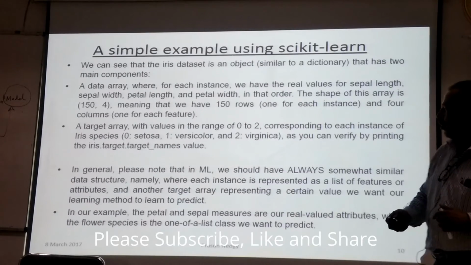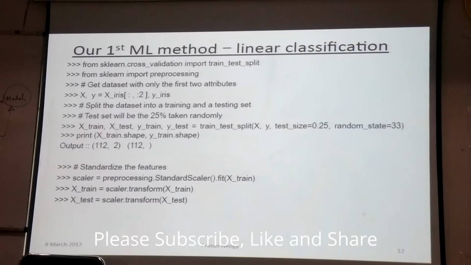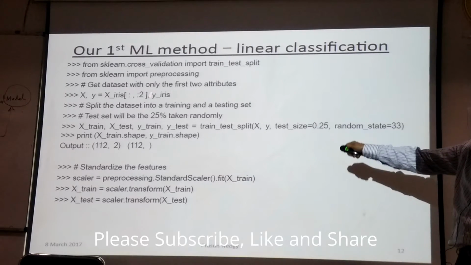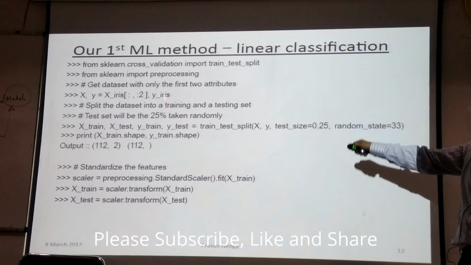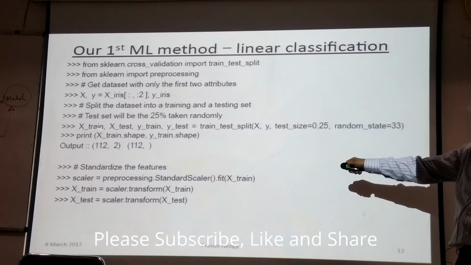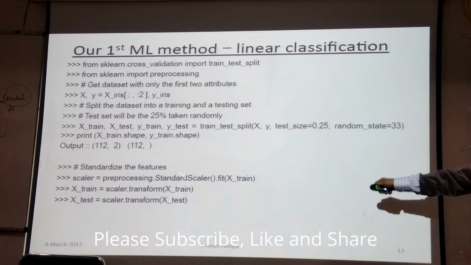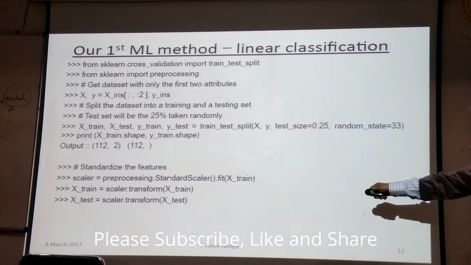Second part is where we are dividing the data into a train test split. It only divides it into test and train data, and then we scale the data if the variation of the data is too much. So then we use this scalar function.